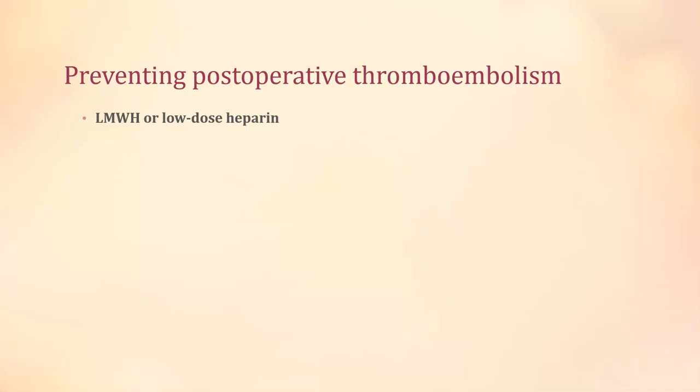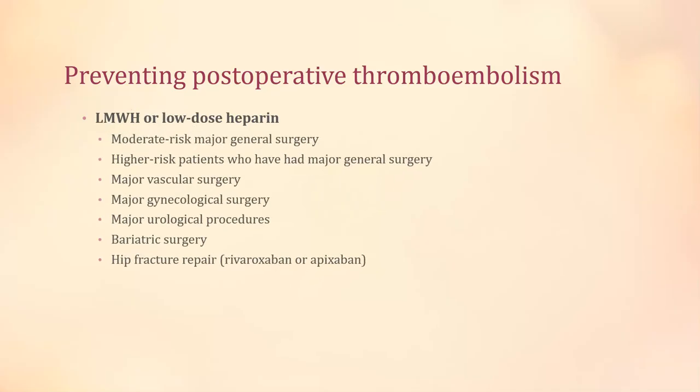For preventing postoperative thromboembolism, low molecular weight heparin or low dose heparin is used for moderate risk major general surgery, higher risk patients who have had major general surgery, major vascular surgery, major gynecological surgery, major urological procedures, bariatric surgery, and a hip fracture repaired.